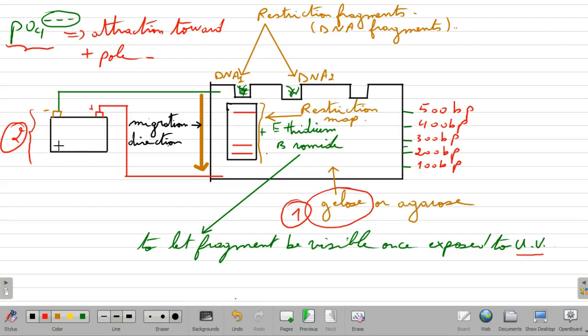Gels and electric current: gel electrophoresis. It is the technique, the procedure if you want, we use to separate the restriction fragments and to recognize the size of these fragments.